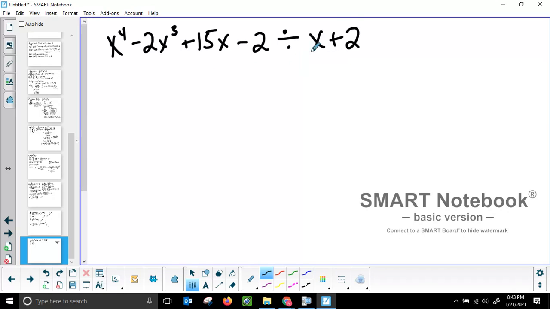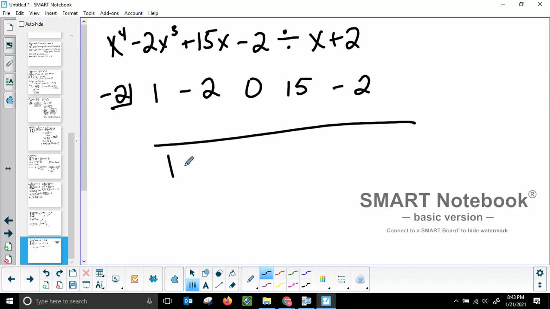Synthetic division is much easier, and we can use synthetic division because the divisor is of the form x minus c. All right, so in my box, I put the 0 of this, which would be negative 2. My coefficients going across are 1, negative 2. I am missing a squared term. We do have to put the 0 in for that. That's very important.